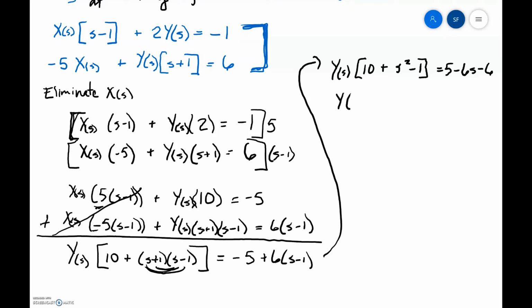So Y of s is s squared plus 9, and I have a negative 6s minus 11. That doesn't seem right. This should be plus. That should be minus. So that should be positive.